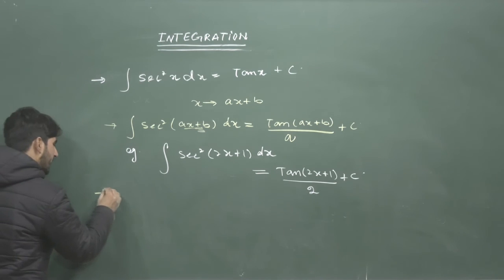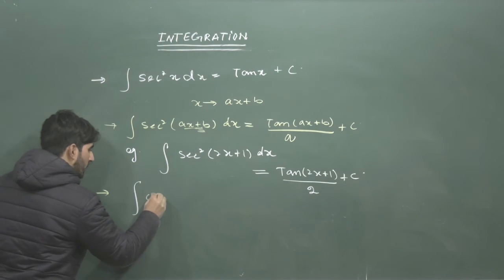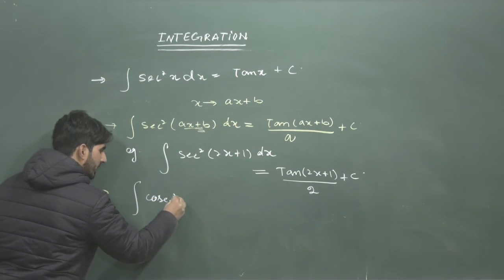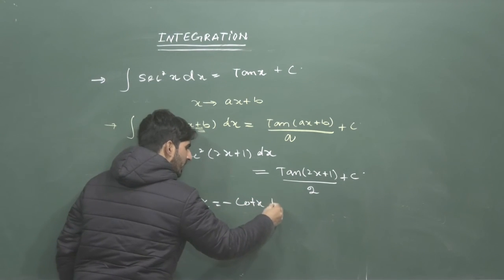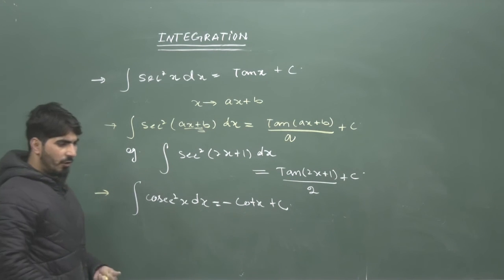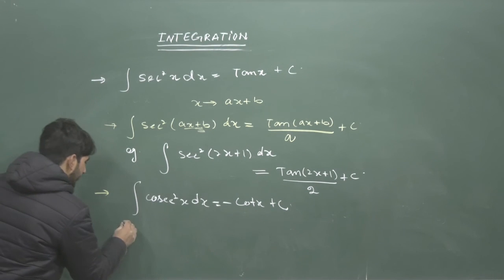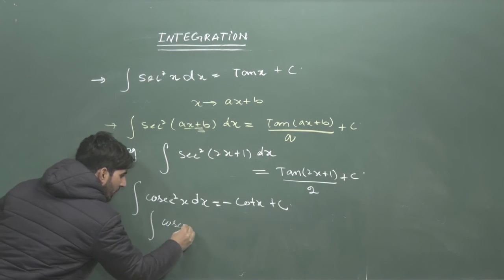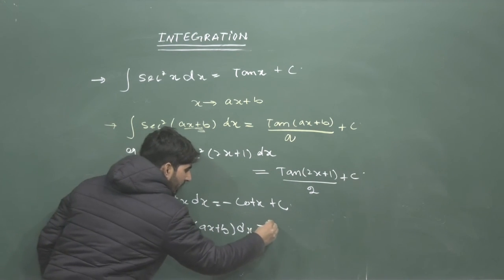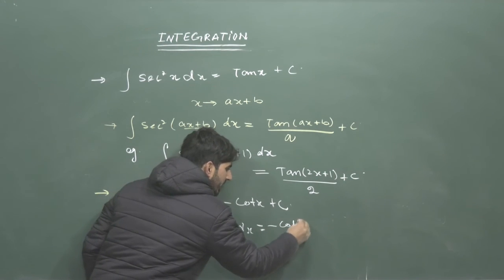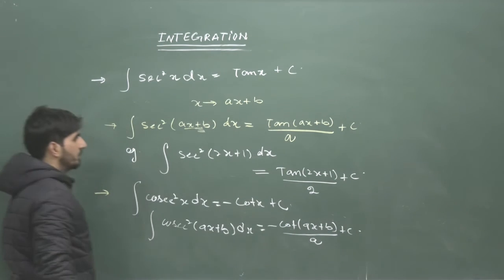Now another point is integration of cosec square x dx is minus cot x plus c. Now if we replace here again x by ax plus b, then integration of cosec square of ax plus b will be minus cot of ax plus b divided by a plus c.